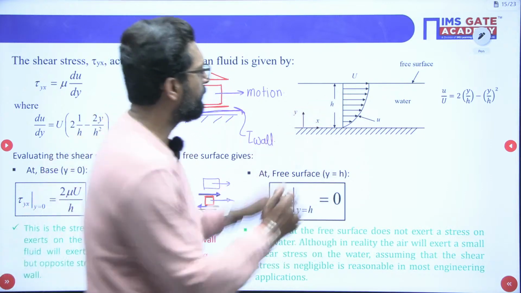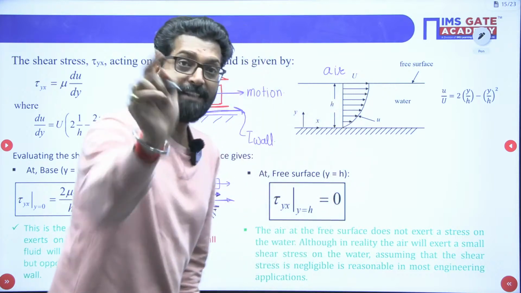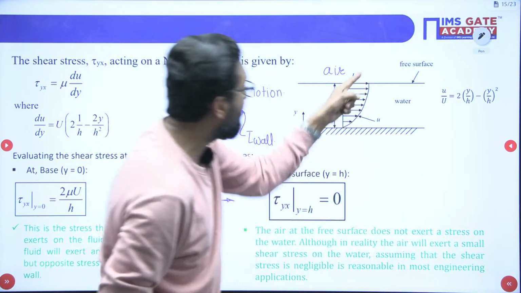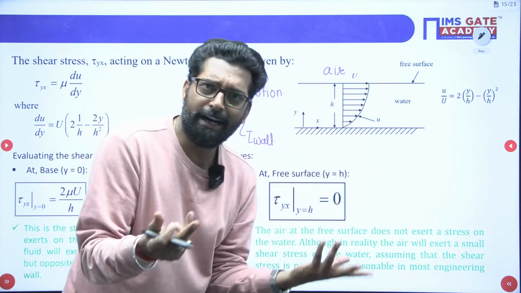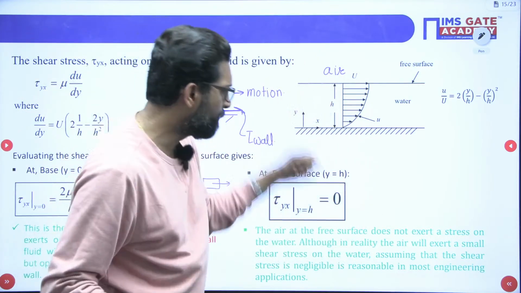free surface. What is there? Air. So air at the free surface does not exert any stress. Very important. Why? Because air has a very low viscosity as compared to water.